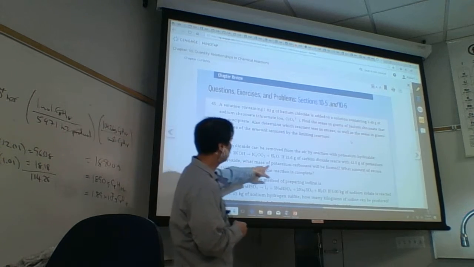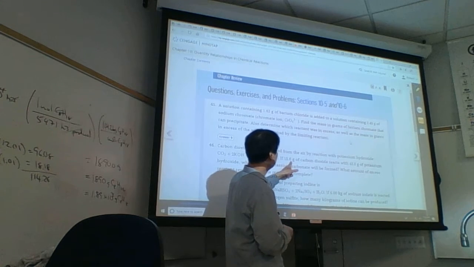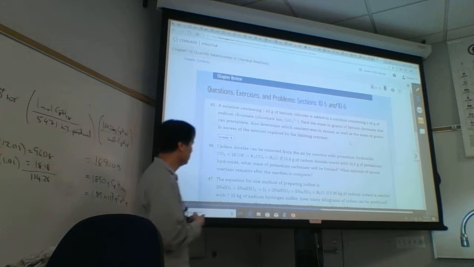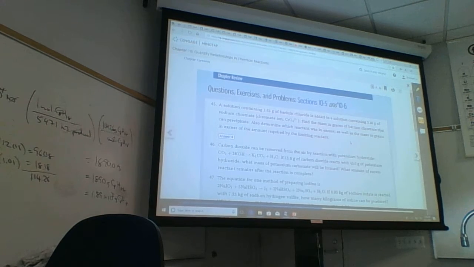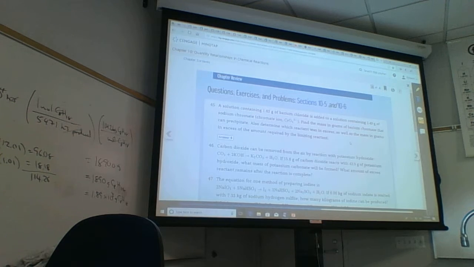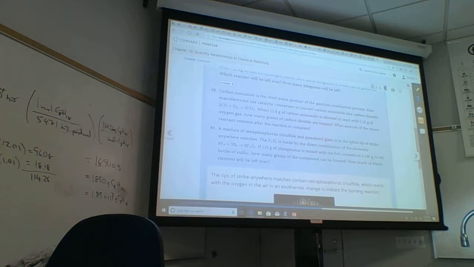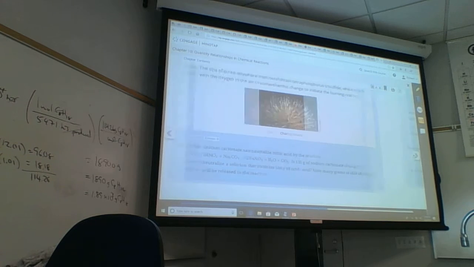We're given carbon dioxide and potassium hydroxide, 15.6 grams, 43.0 grams, so it's a limiting reagent problem. We calculate the yield. We use the smaller amount method. 47, same thing. 48, same thing. 49, same thing. 50, same, all limiting reagent problems.